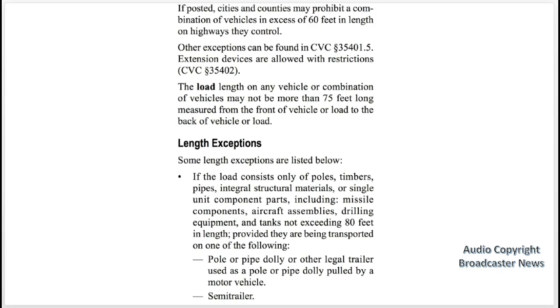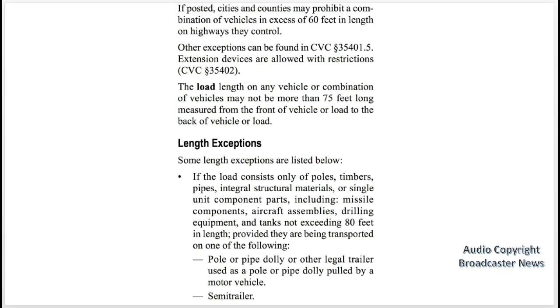Now let's talk about length exceptions. Some length exceptions are listed below. If the load consists only of poles, timbers, pipes, structural materials, or single unit component parts including missile components, aircraft assemblies, drilling equipment, and tanks not exceeding 80 feet in length, provided they are being transported on one of the following: 1.